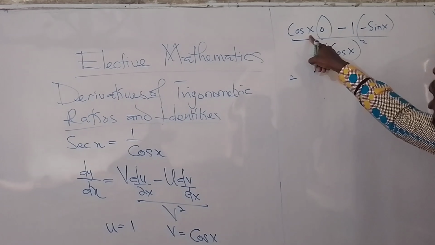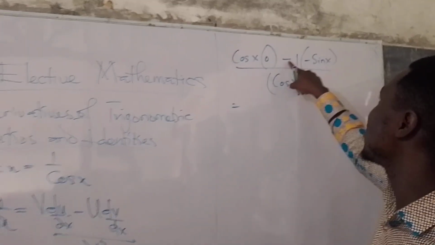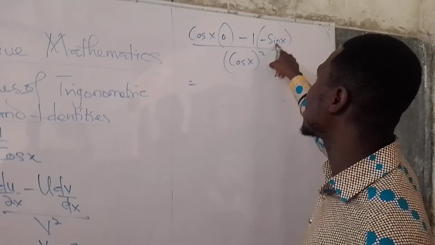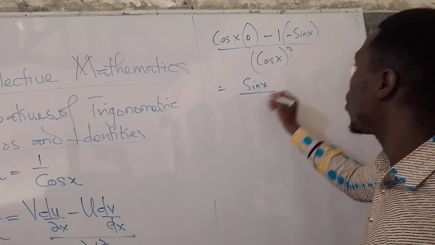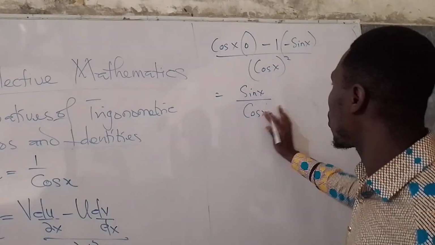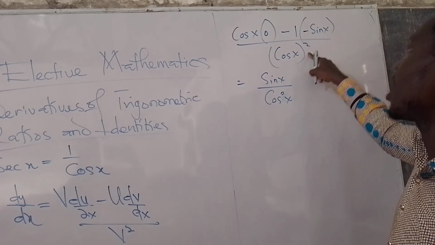So what do we have? Cos x multiplied by 0 will give us 0. Now we have negative 1 multiplied by negative sine. It will produce sine x all over cos squared x, because this is cos x multiplied by cos x.